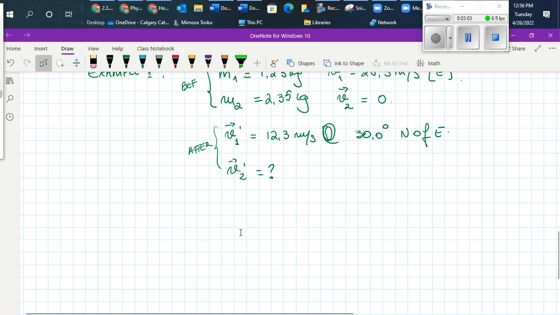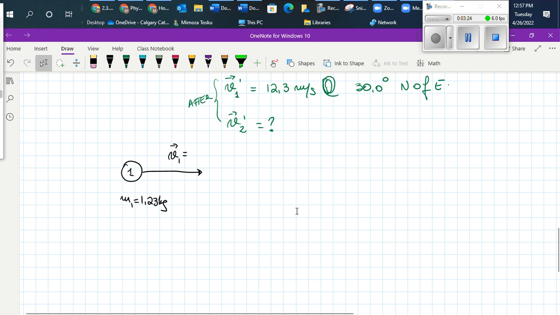I will make them with 2 different colors so that you can see. Object 1 with mass 1.23 kilograms is moving toward object 2 with a velocity of 25.3 meters per second going east. And object 2, with a mass of 2.35 kilograms, is at rest.